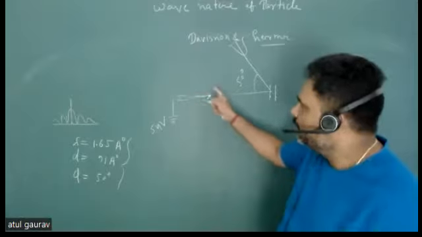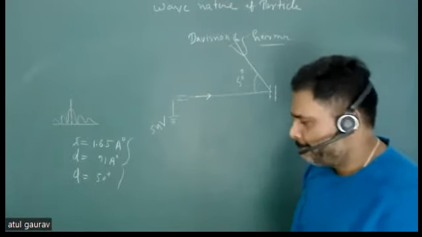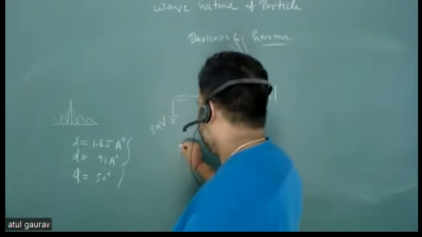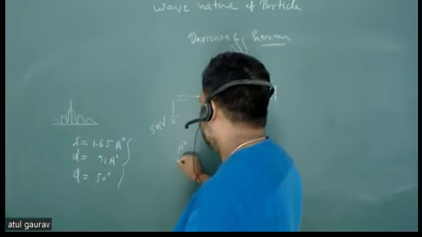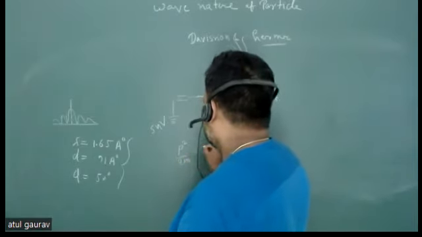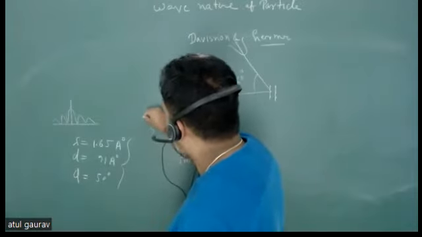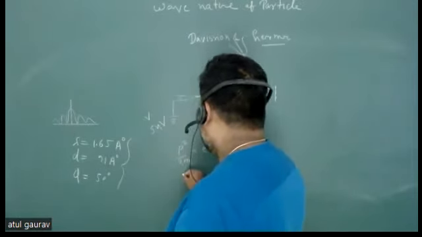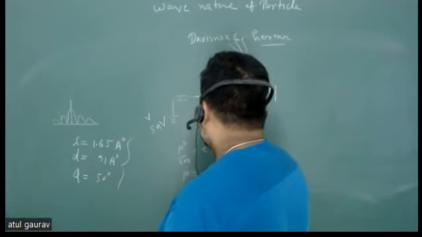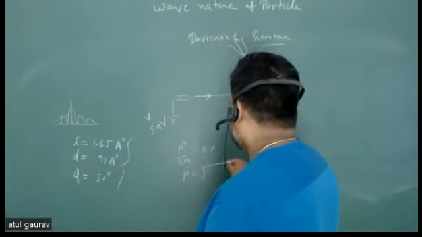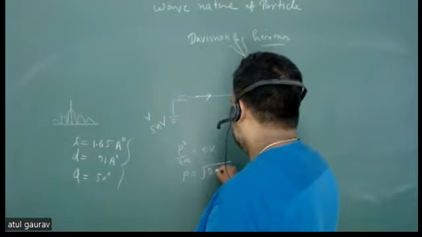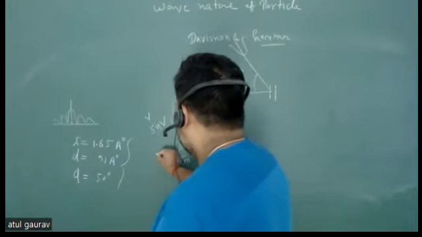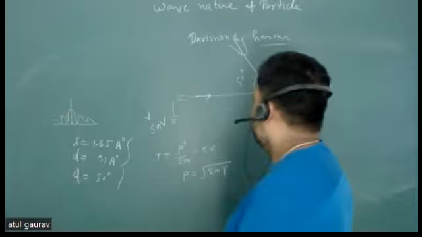ये इलेक्ट्रॉन किस काइनेटिक एनर्जी से आएगा? P square upon 2m is equal to what? Let us assume this value is V. So it is eV. And from here, we can easily calculate the value of P, and that is equal to the kinetic energy.